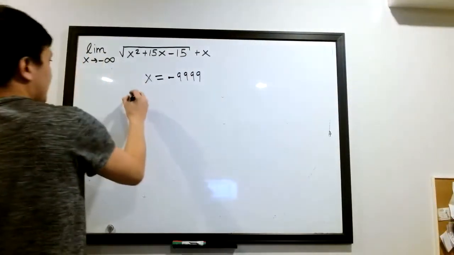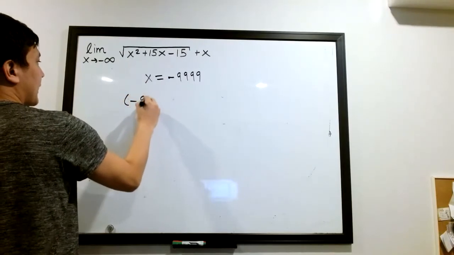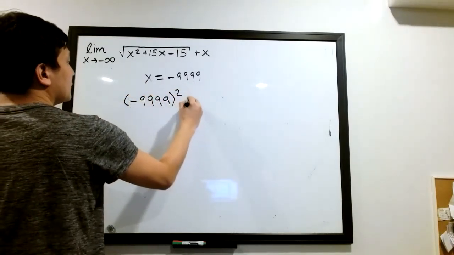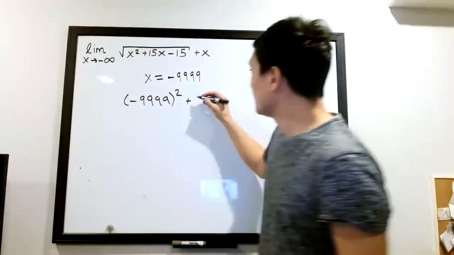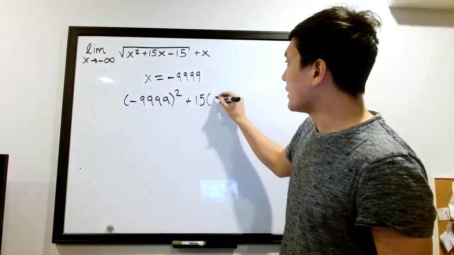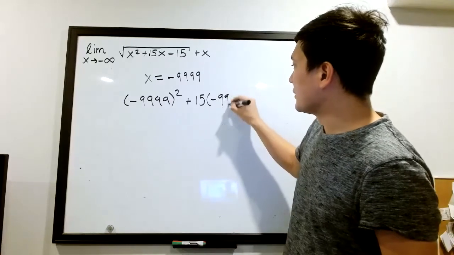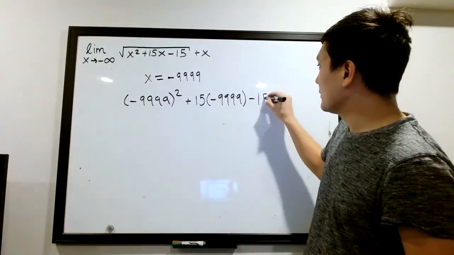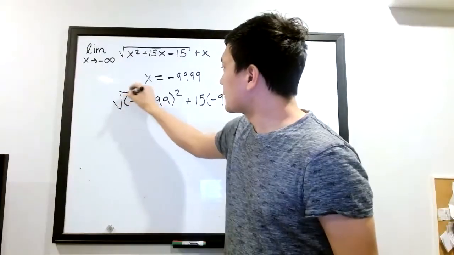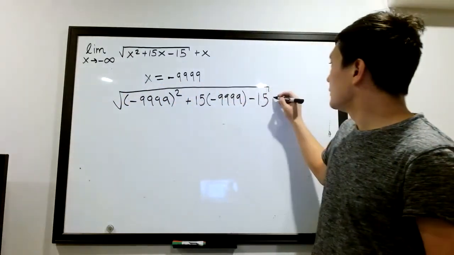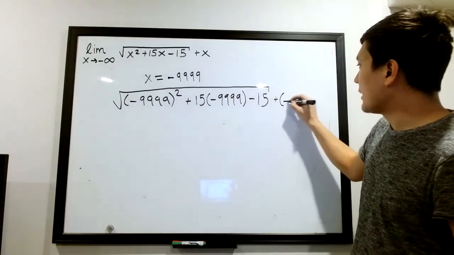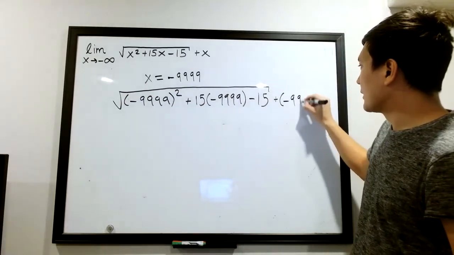So it would be negative 9,999 to the power of 2 plus 15 times negative 9,999 minus 15, all of this square rooted. And then lastly, we have plus negative 9,999.